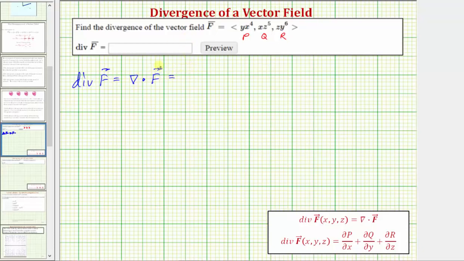So del, the differential operator, is angle bracket partial with respect to x, comma, partial with respect to y, comma, partial with respect to z, dotted with the vector field f, which is here, let's write this as x to the fourth y, comma, xz to the fifth, comma, and y to the sixth z.